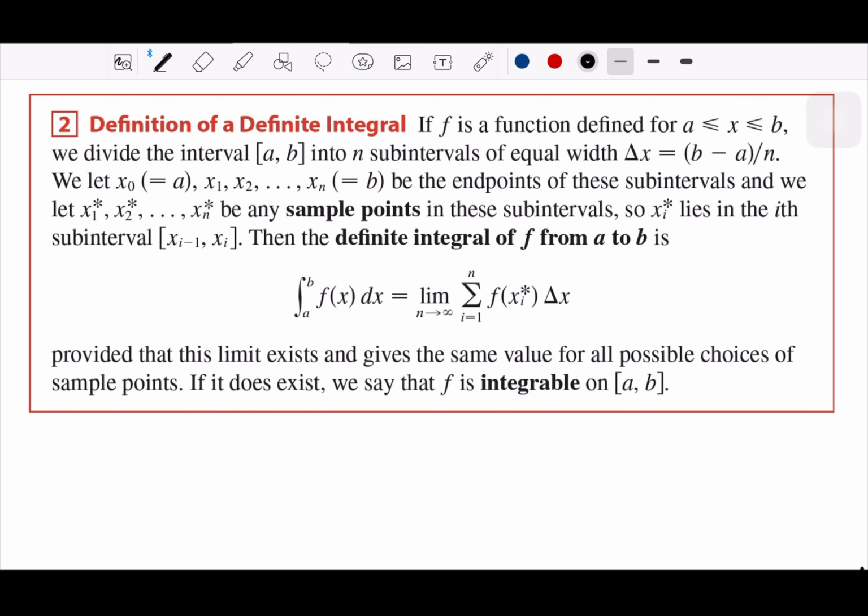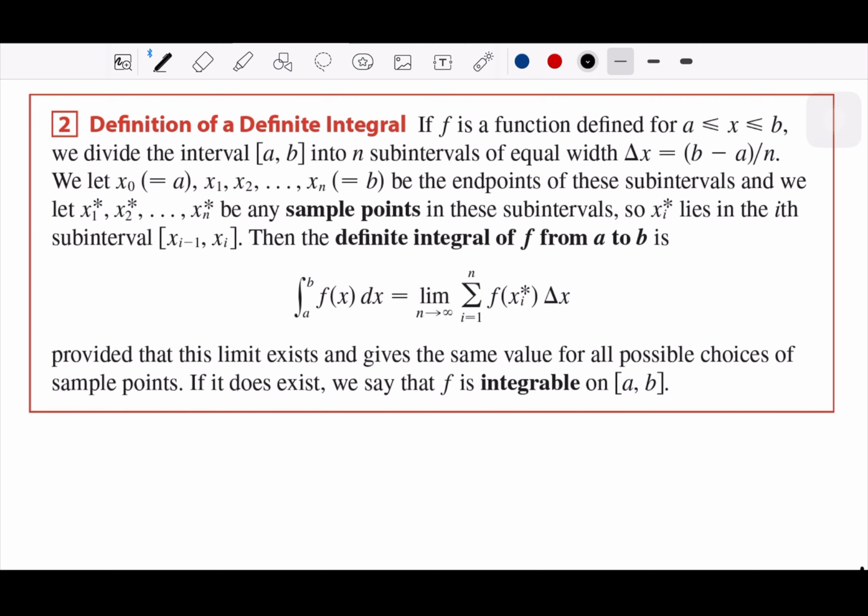I think that is the previous one we have, right? So the sample points are in between the interval x_{i-1}, x_i. So in every subinterval we have a sample point. Okay?